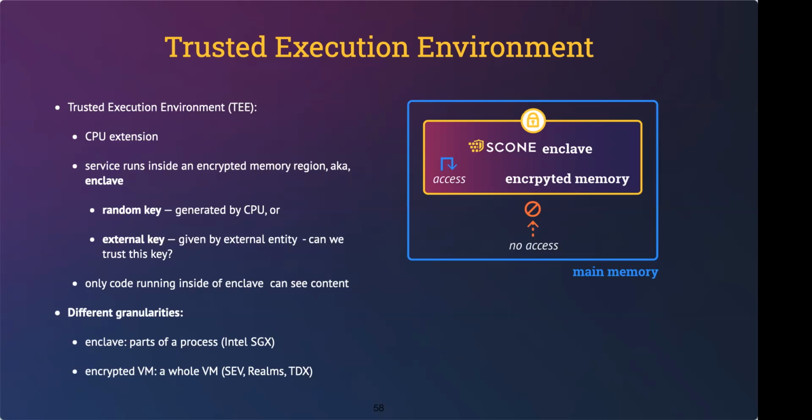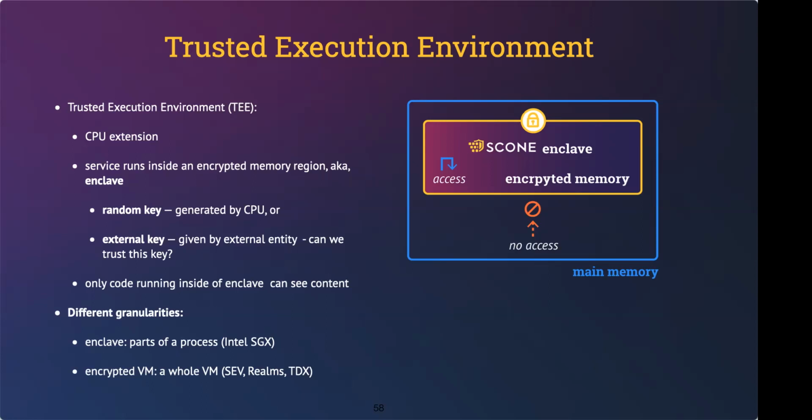Why do we have that? It helps to migrate that data. If somebody knows the key with which you encrypt that memory region, you could migrate that enclave from one server or one CPU to another, and then continue executing on a different CPU. So there are some trade-offs, and you have to be a little careful.